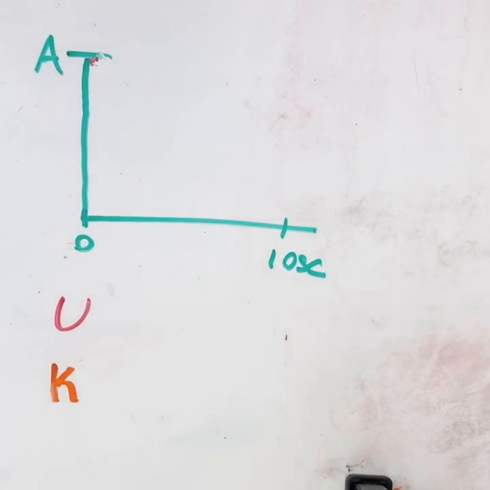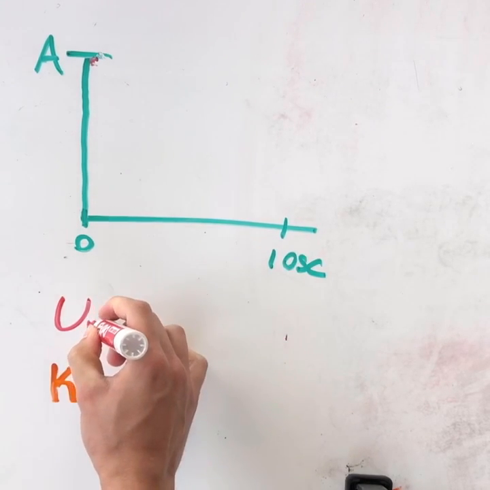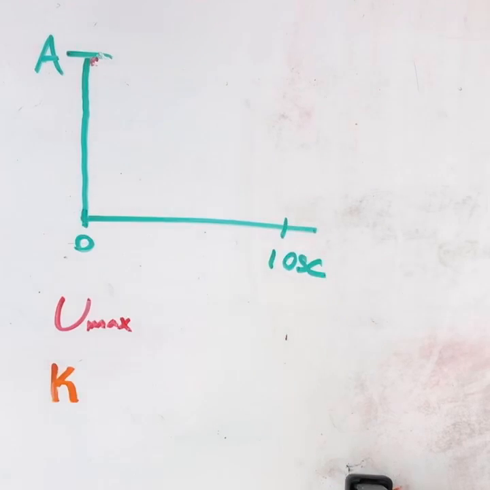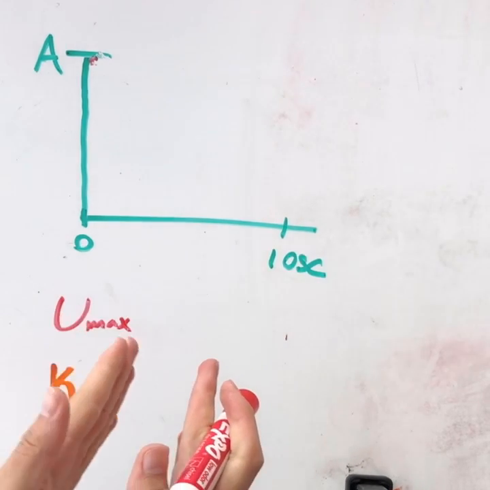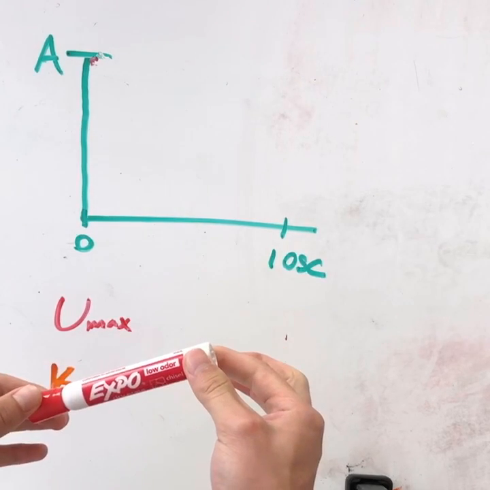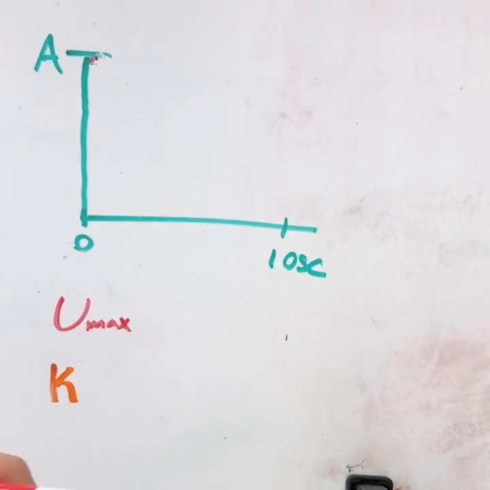That's the question we need to be asking. What is U max? All right, so U max is going to be when the spring is most compressed or when the pendulum is at its furthest tilt. All right, so that's going to be at the beginning of the oscillation.